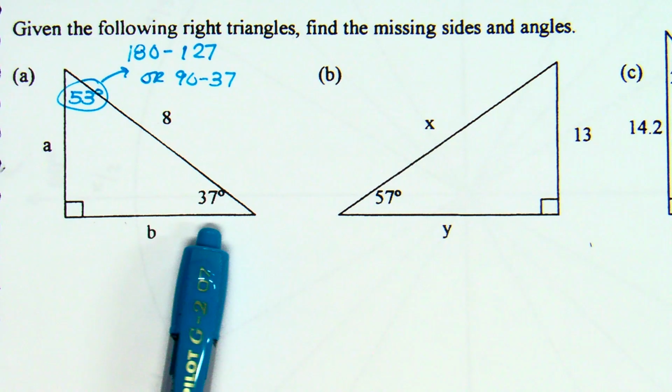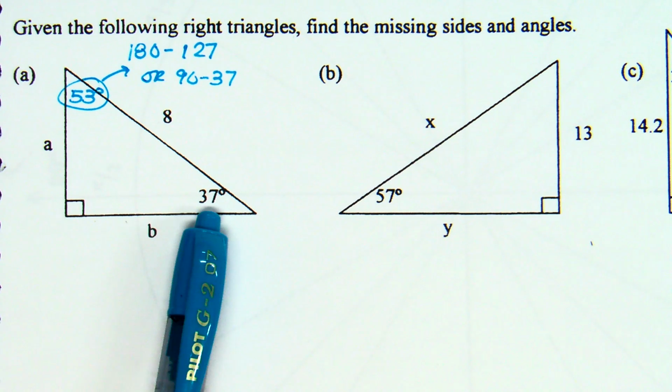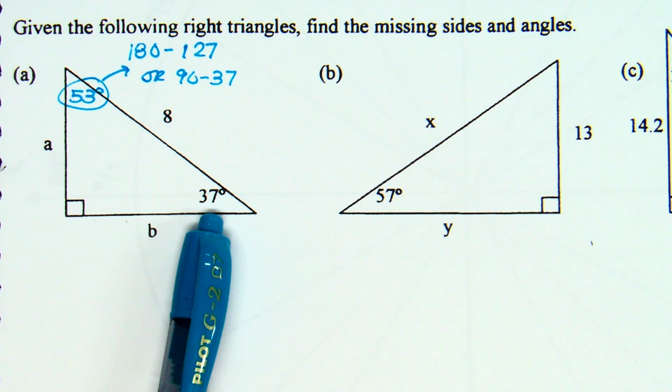I was just going to suggest you use 37 degrees because that's a given angle, okay? I know I didn't make any mistakes in my subtract or anything. So if we use 37, how does 37 relate to A?